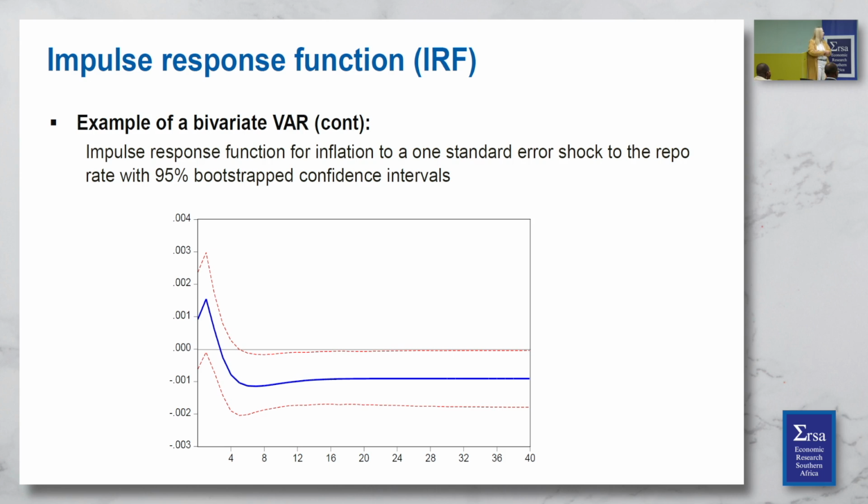So effectively it comes down, but what about this? Why do we often see that response? We refer to that as the price puzzle.